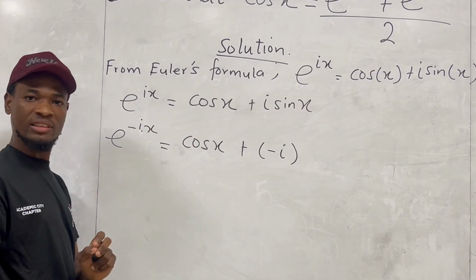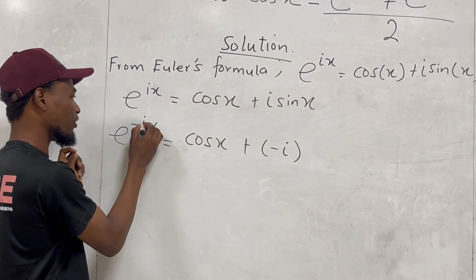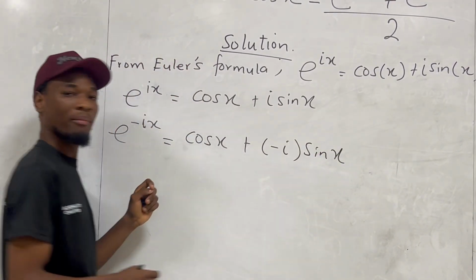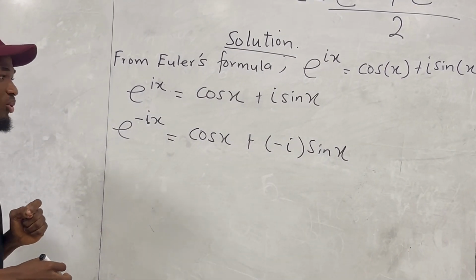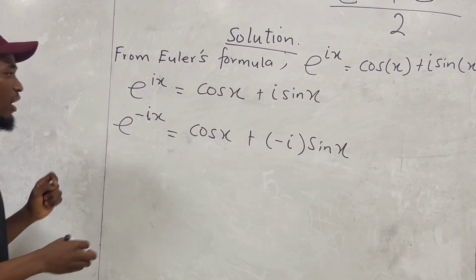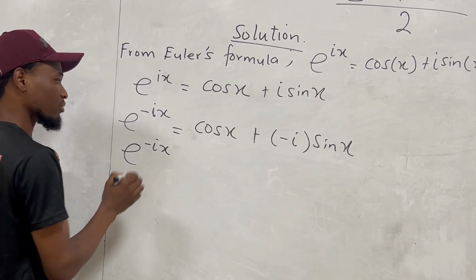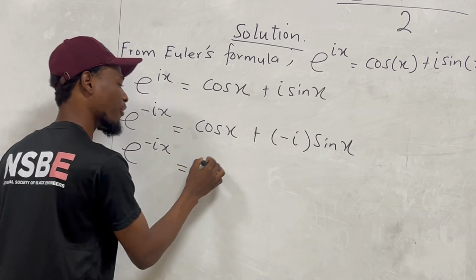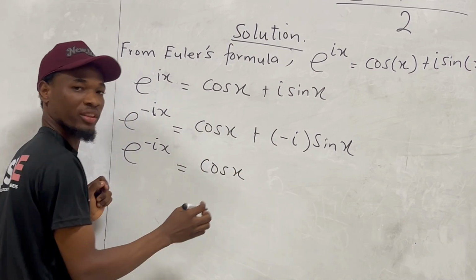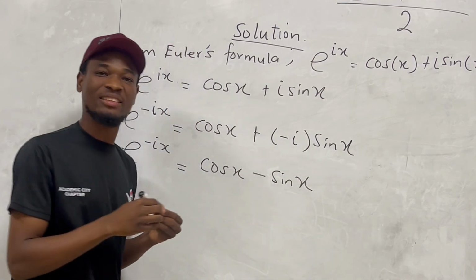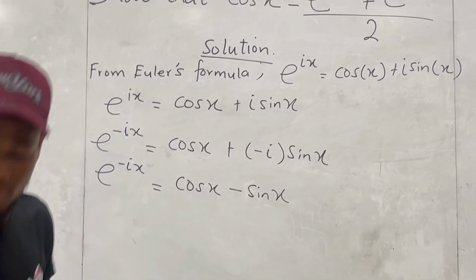Hence, positive sine. Then what do I have here? I have the sine of x. Is that not so? So as a result of that, e to the power negative ix equals cos x, then minus sine x. As simple as that.